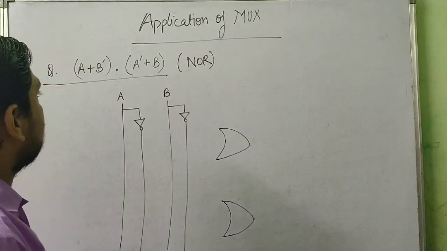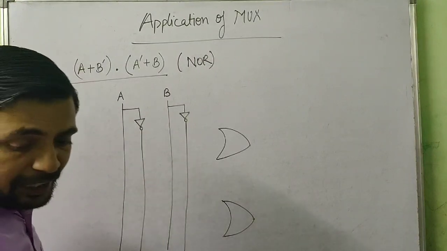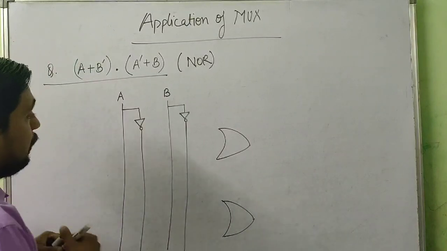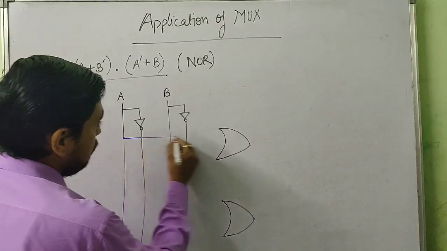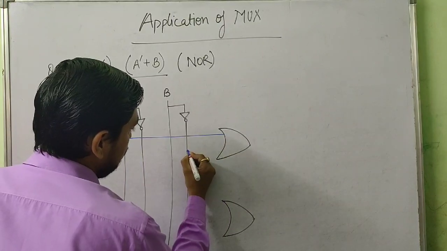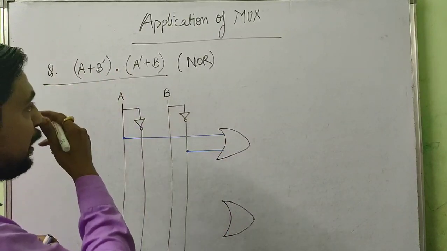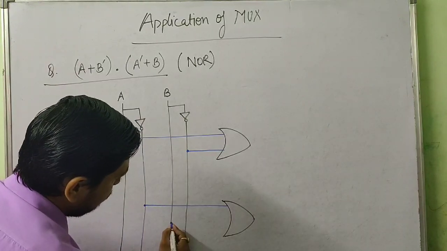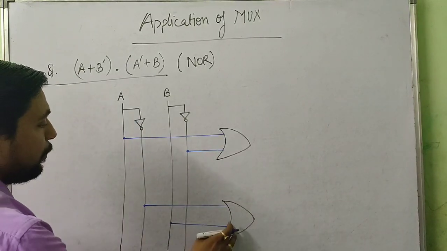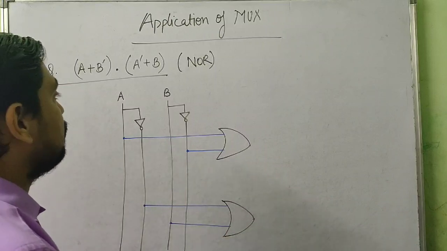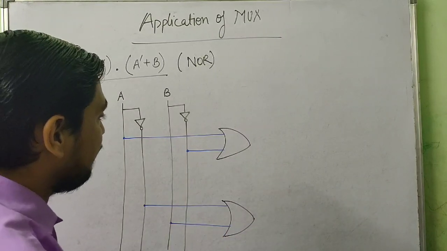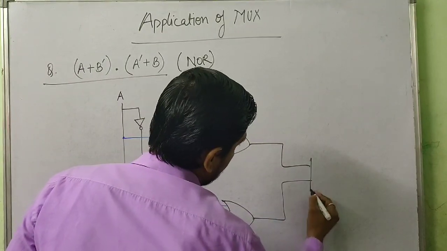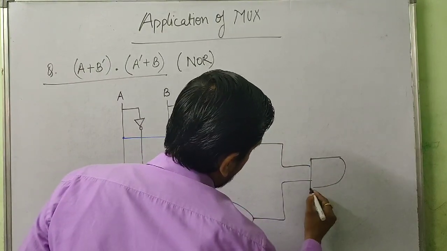In the first OR operation, we are providing A plus B complement, so we provide A and then B complement. In the second we have to provide A complement plus B, so A complement and B. So these two OR operations are done. Then the results of these two OR operations will be ANDed together. So I will take their outputs and perform the AND operation.